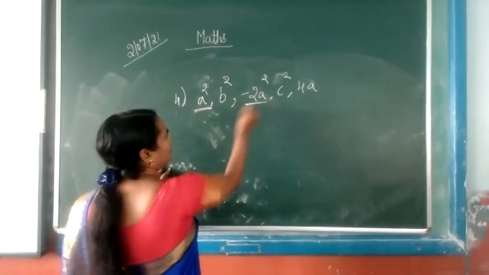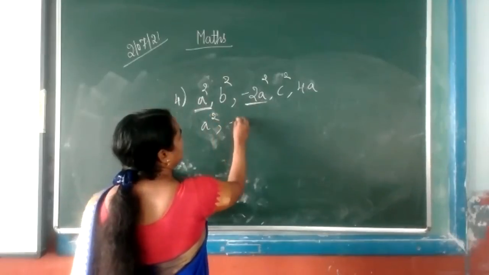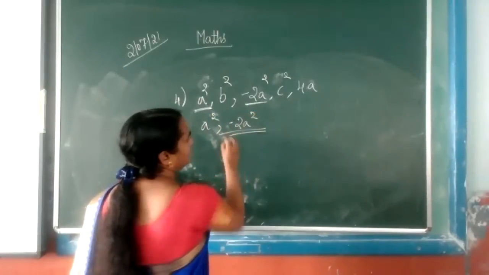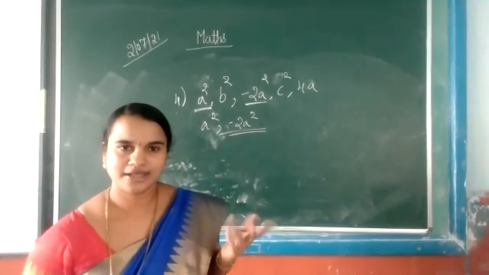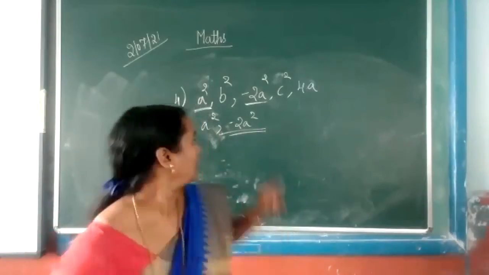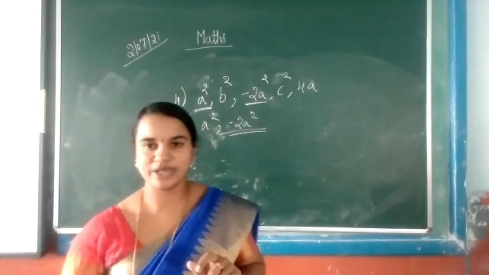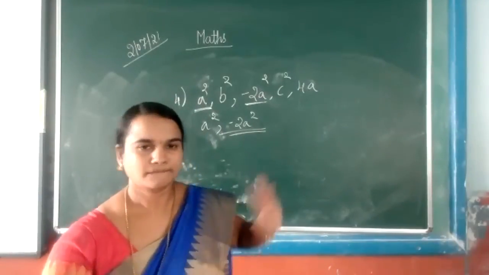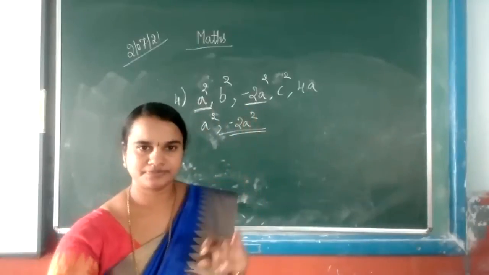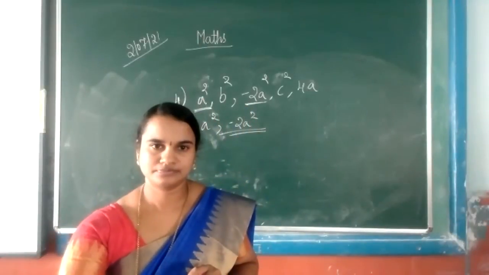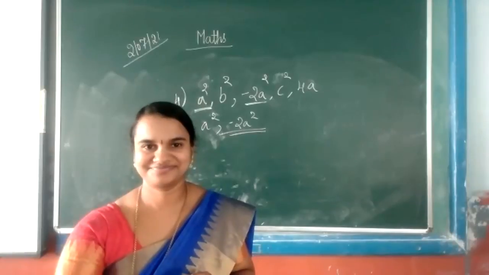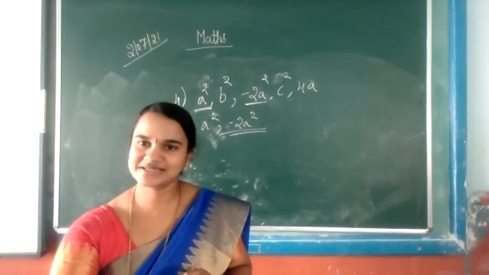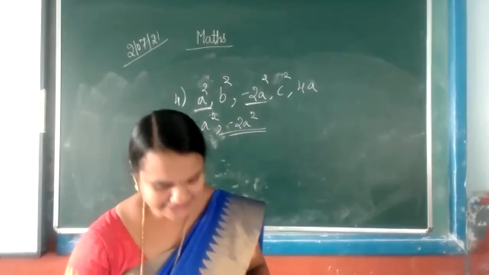So a square and minus 2a square, these both are like terms. Underline a square and minus 2a square. Only underline, that is enough. Yes, completed. Now next, the second one.